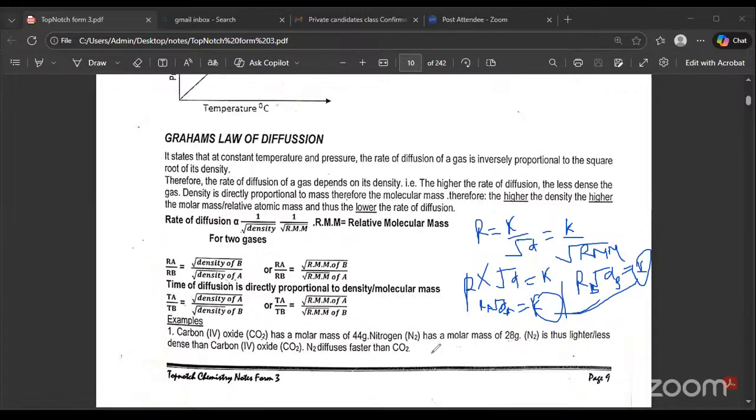So we have RA square root of DA, the square root of density of A, is equal to RB square root of density of B. All these things are written: RA square root of DA is equal to RB square root of DB.